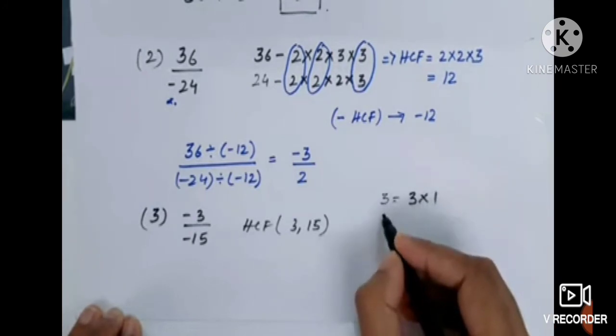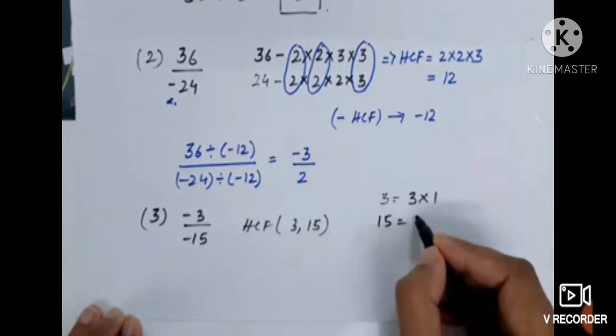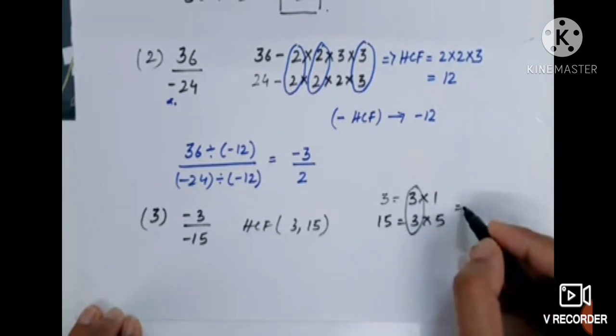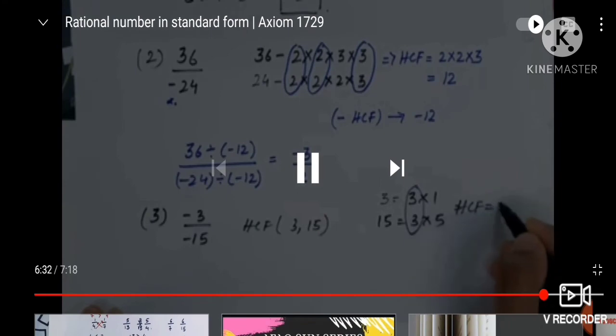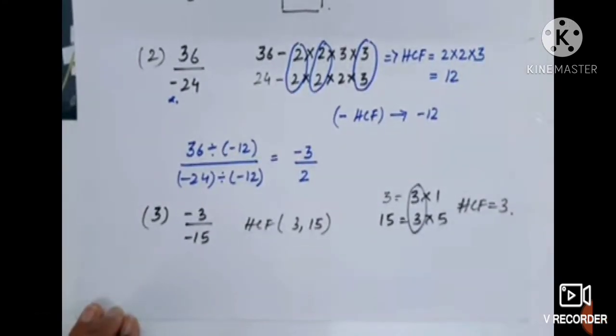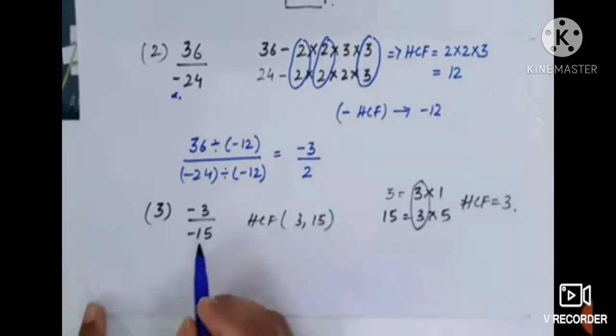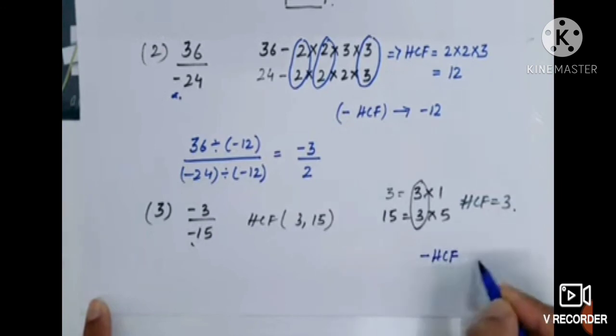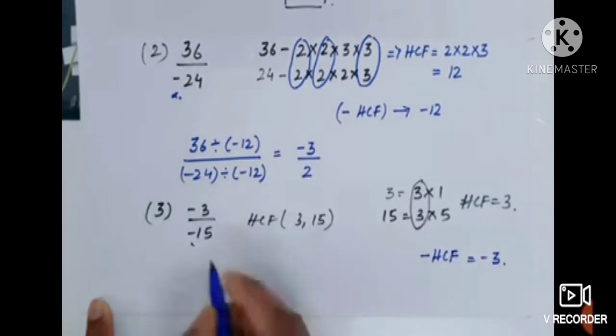The factors of 3 are 3 into 1, and the factors of 15 are 3 into 5 into 1. The only common factor is 3, so the HCF is 3.